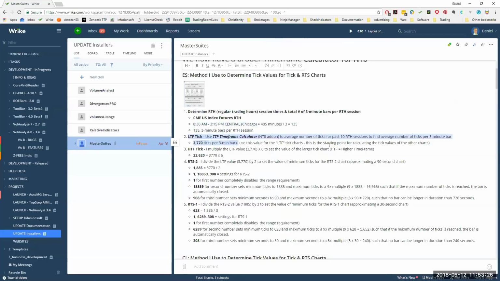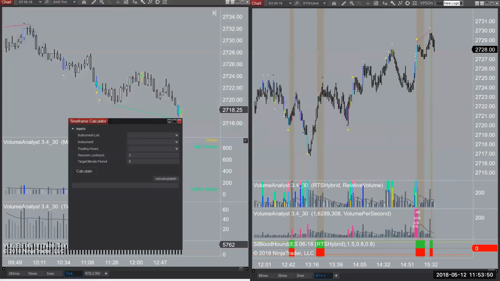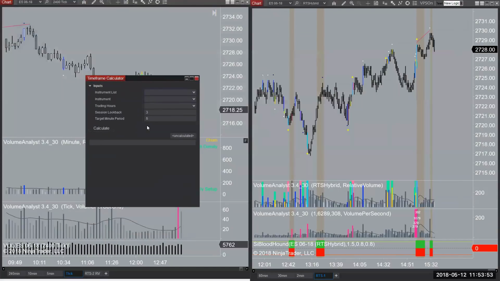When I did this 2.5 to 3 weeks ago, the tick value that would be about the equivalent of a 3-minute bar was 3,770 ticks for the ES. Okay, so let's figure out what it is right now. To do that, I have this little add-on, which will have a lot of other options. It'll work with volume.